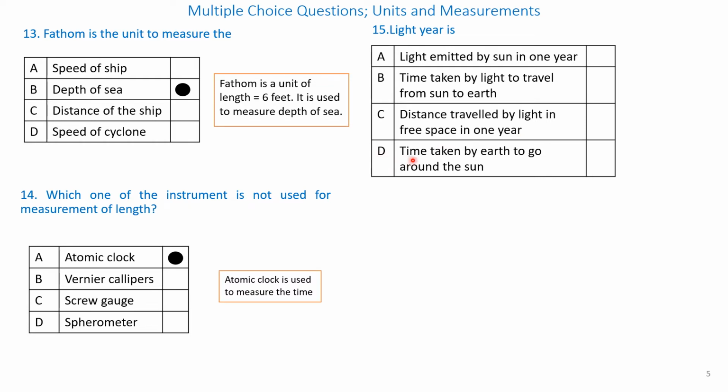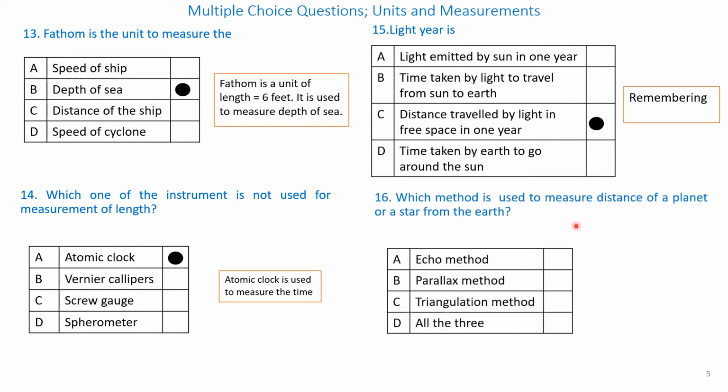Option D, time taken by earth to go around the sun. So you have to choose the correct answer. You have to remember that light year is a measure of distance traveled by light in free space in 1 year. That is normally from sun to earth. Therefore, option C is the correct answer.